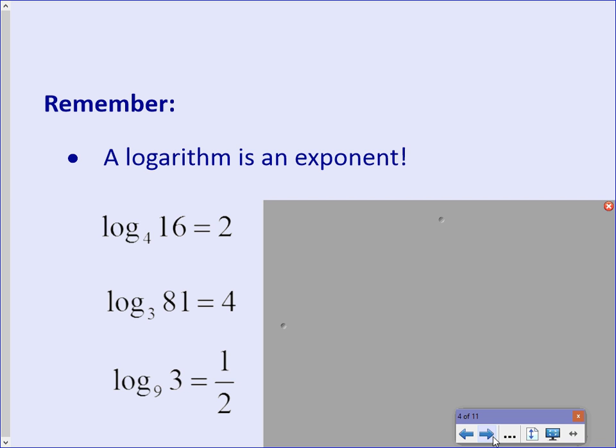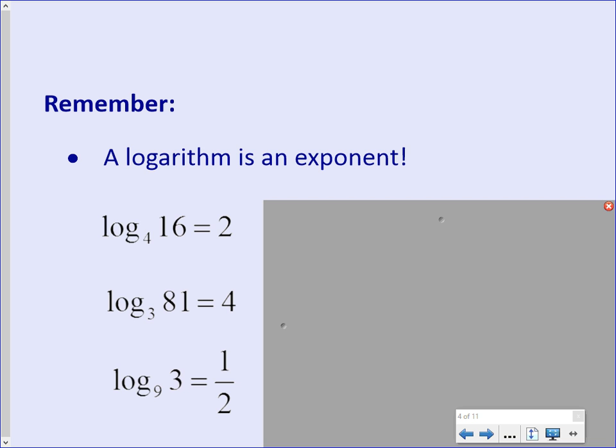So I have three logarithmic statements. Log base 4 of 16 is equal to 2. Log base 3 of 81 is equal to 4. And log base 9 of 3 is equal to 1/2. On the left side of those statements, you have a log statement.